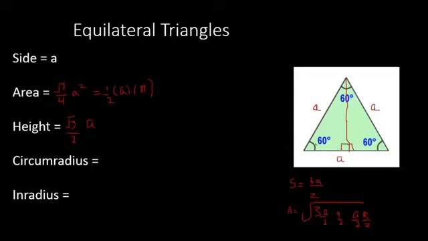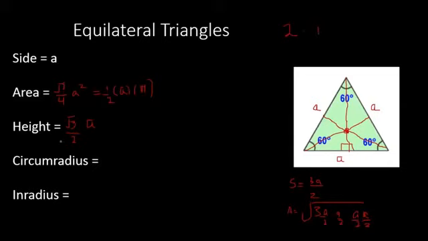Now this is a height taken from this vertex, and this is 90 degrees. And this is a height taken from this vertex, and this is the height taken from this vertex. Now this point over here is the centroid, the center of the triangle. Now this center cuts the height in two parts. Which are those two parts? It's in 2:1.